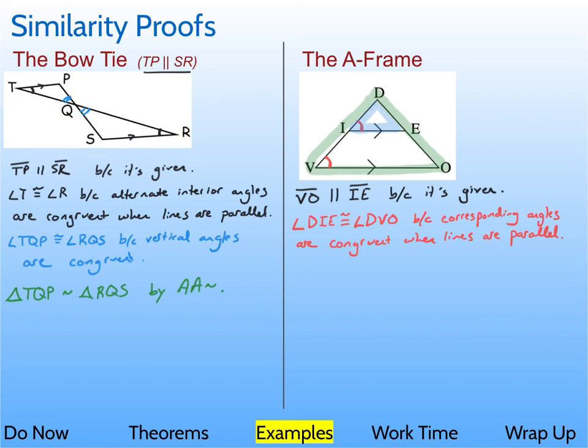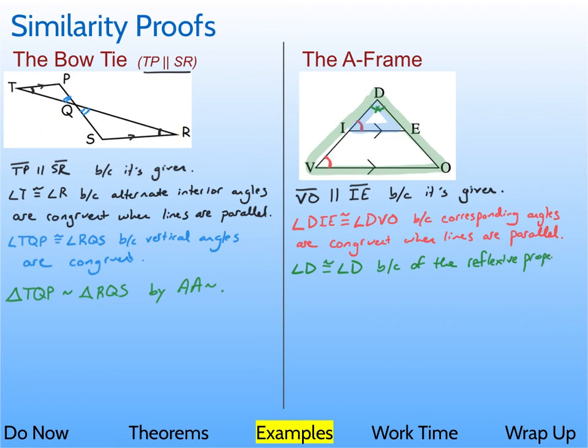So what you can do is actually a nice little throwback to last unit. So we can say that angle D is congruent to itself because it's in both triangles. And that's just, again, as we did before, the reflexive property. So angle D congruent to angle D because of the reflexive property.